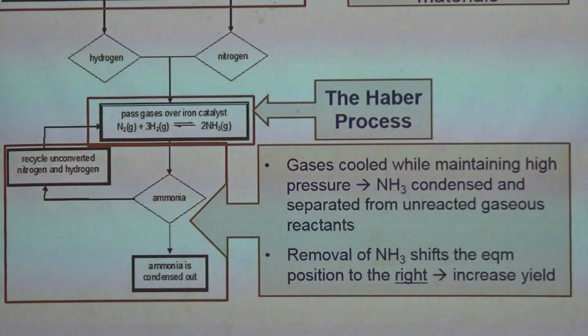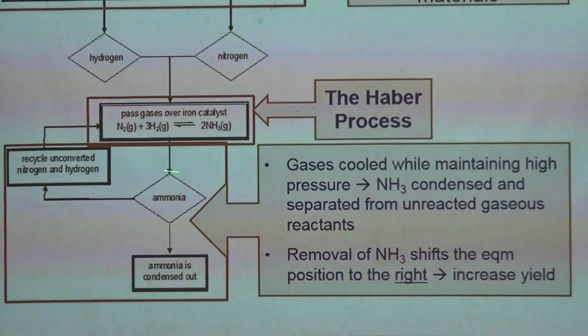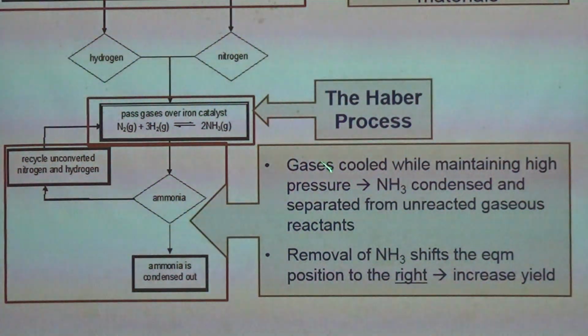How do engineers and chemists maximize the yield of ammonia? After we have formed ammonia gas, the gases are cooled while maintaining the high pressure. At this process, ammonia will condense and will be separated out from the gaseous reactants. As a result, the partial pressure of ammonia will drop.